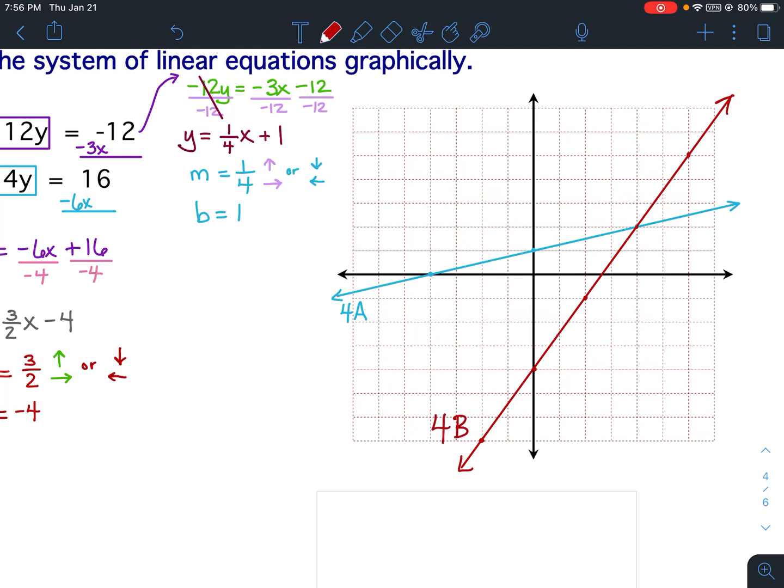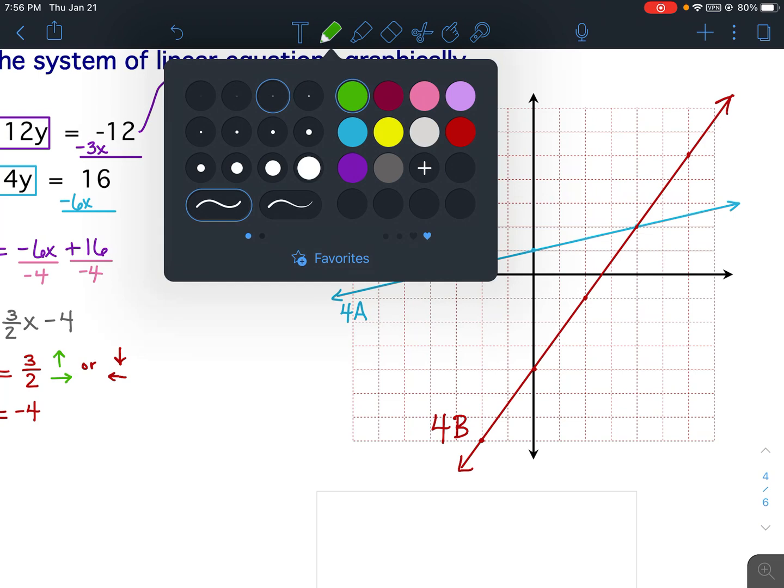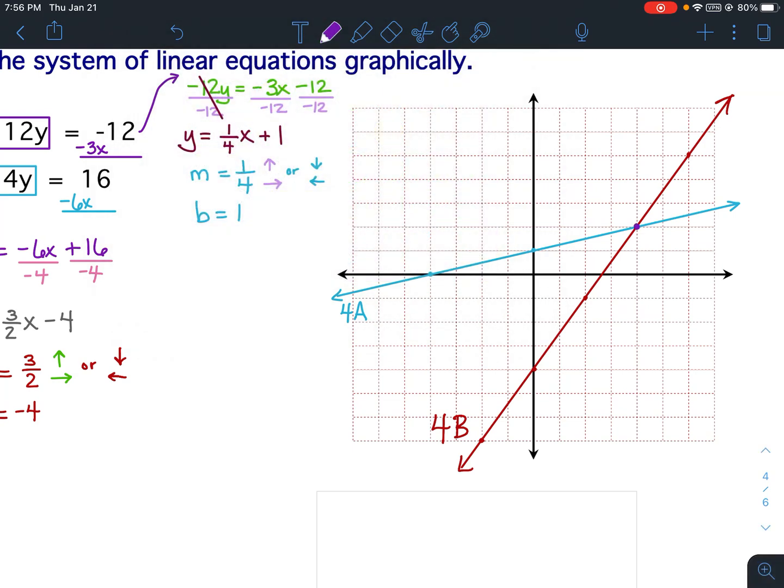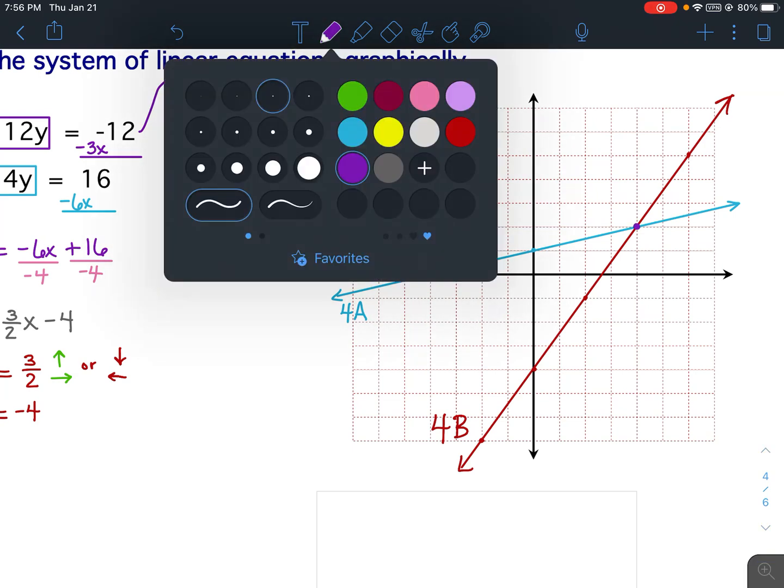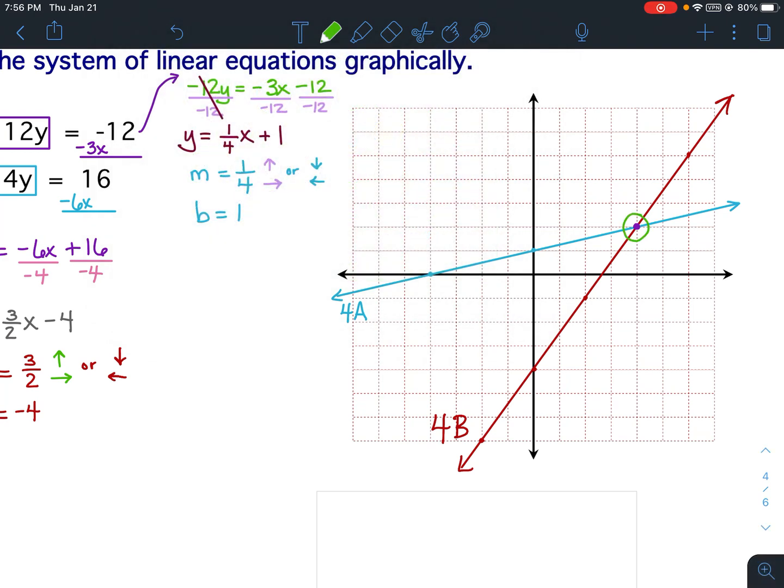All right, so our points intersect right here. I'm going to use a darker color. So this is our intersecting point. What is the ordered pair of that point? Well, I start at the origin and I go over 4 and up 2.